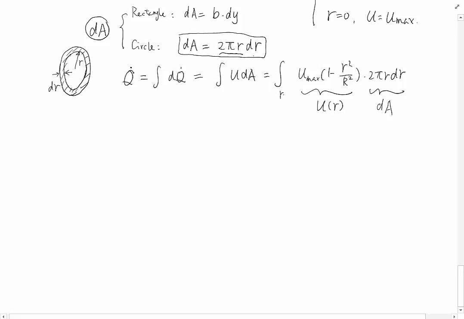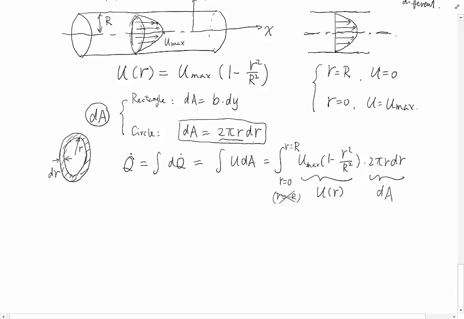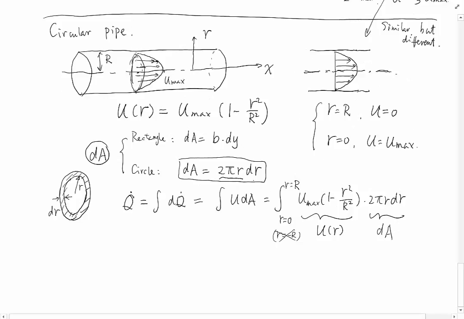Keep in mind our integral is from r equals 0 to r equals capital R. It's not from r equals minus R. That is not correct, because for cylindrical coordinates, we can only start from here and then go all the way to the wall.